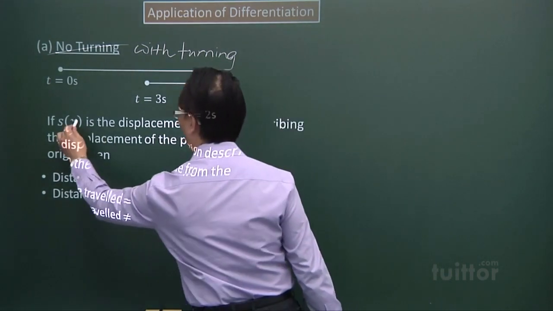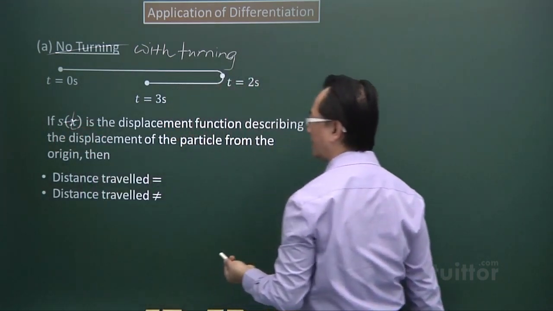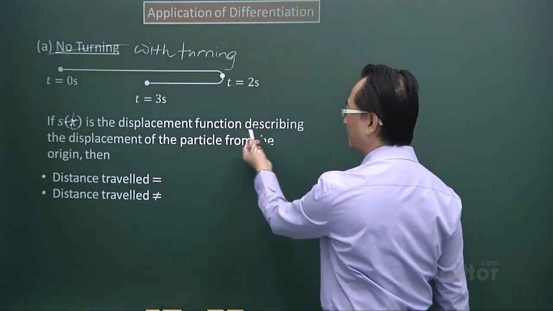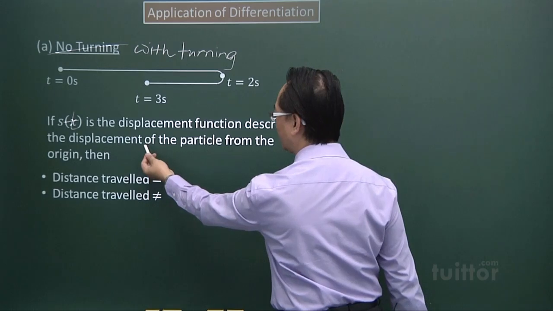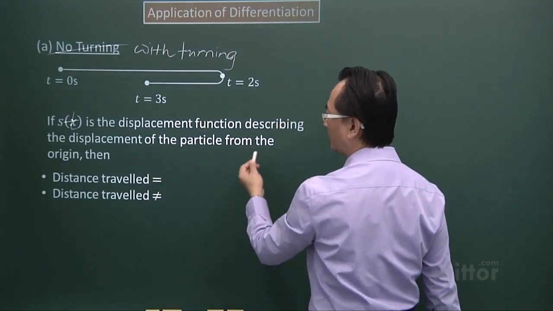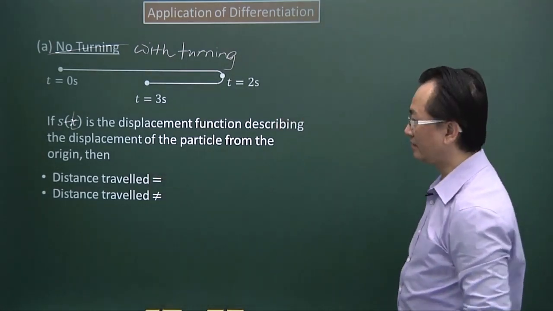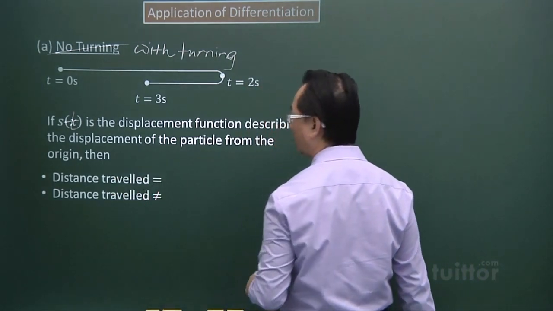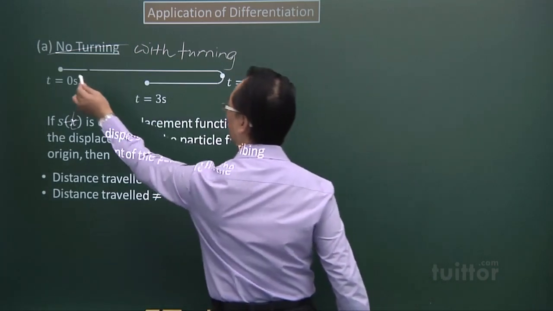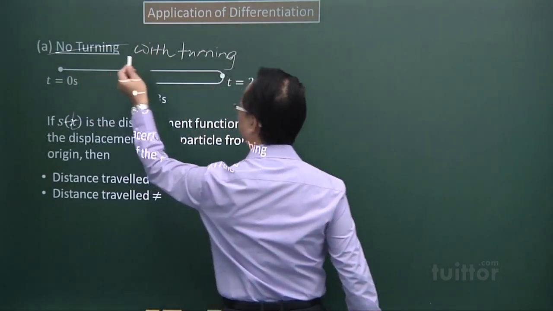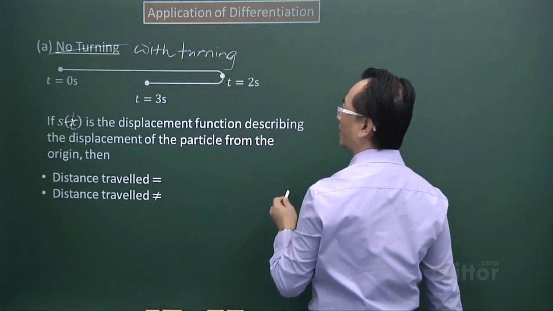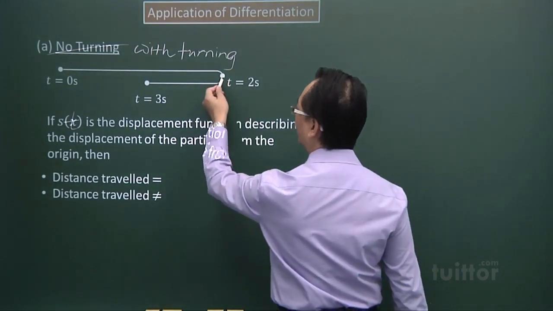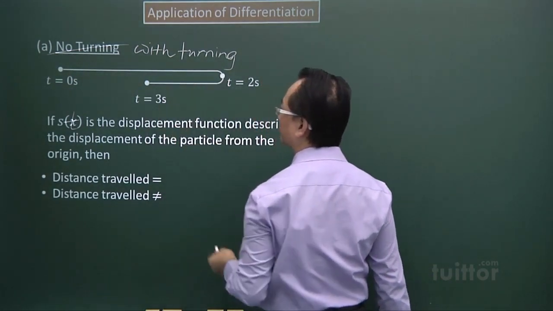Now, if s(t) is the displacement function describing the displacement of the particle from the origin, then the distance traveled would be, first of all, the distance here, and then the distance traveled here.